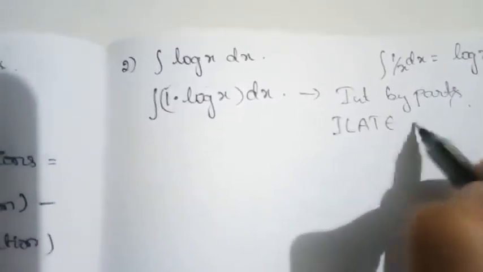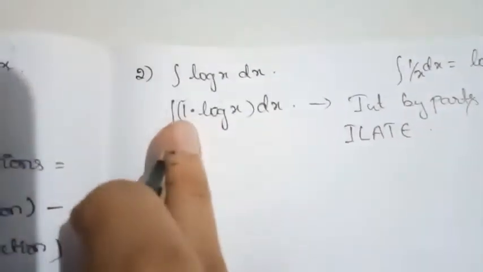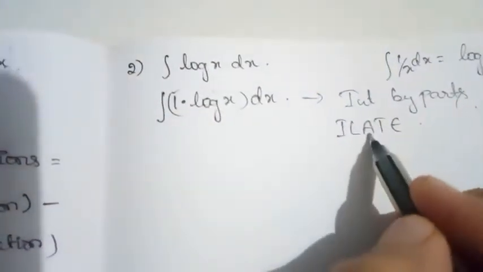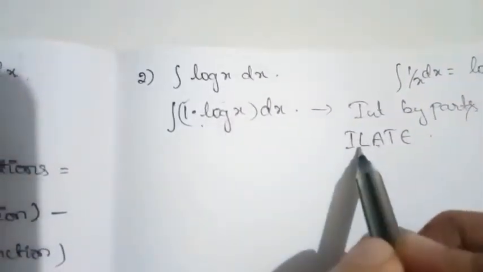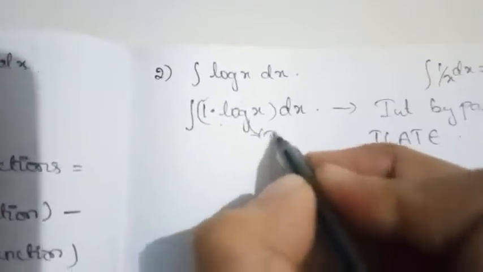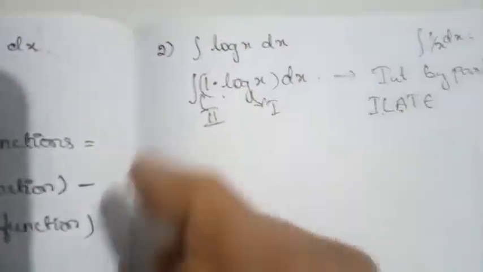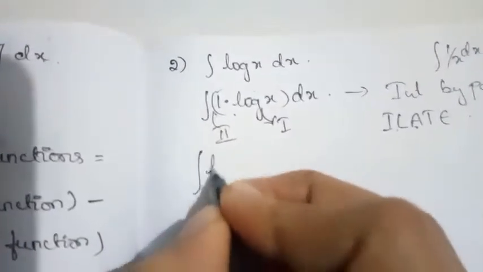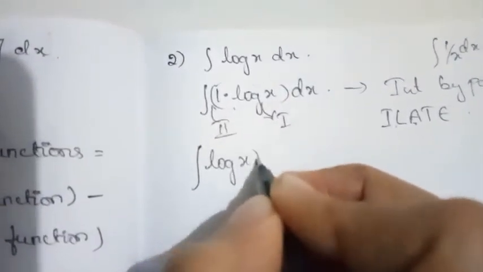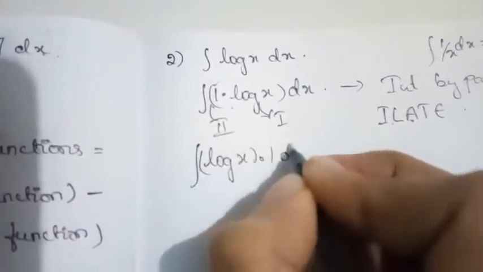ILATE rule. According to that rule, 1 is a constant function, an algebraic function, and log x is a logarithmic function. So which one is the first function here? Log x is the first function and 1 is the second function. If you find it difficult, you can write it like this also, log x into 1 dx.